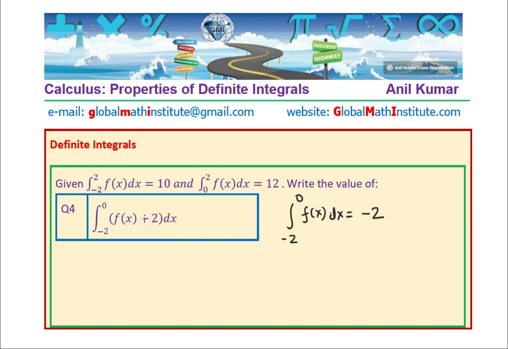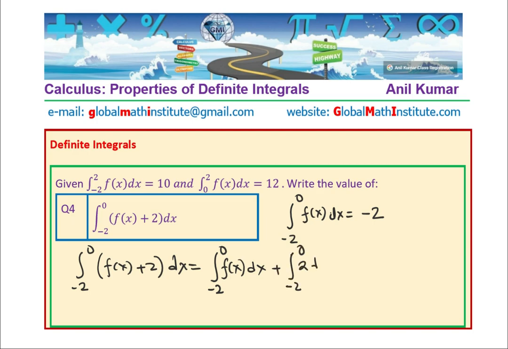Now here we need to find the integral of f of x plus 2 dx, correct? That means the sum of these two integrals, which means the integral from minus 2 to 0 of f of x dx plus the integral from minus 2 to 0 of 2 dx.